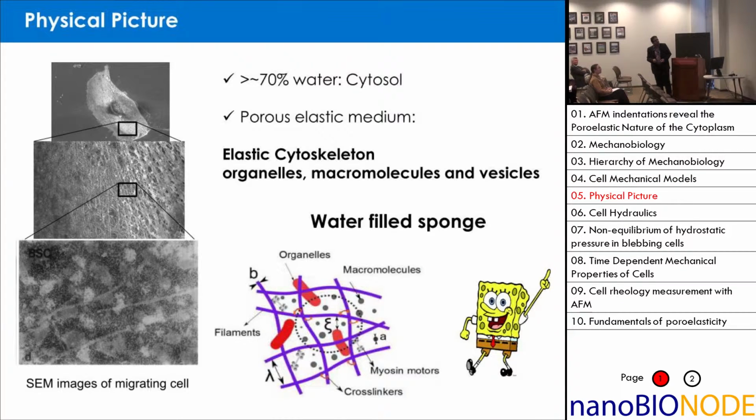So let's forget about these models. Let's just think about the physical picture of the cell. Here is an SEM image of a fish keratocyte, a migrating fish keratocyte. If you look more closely at the image, if you zoom in, you can see there are some filaments, there are some macromolecules, and there are some holes inside this SEM image.